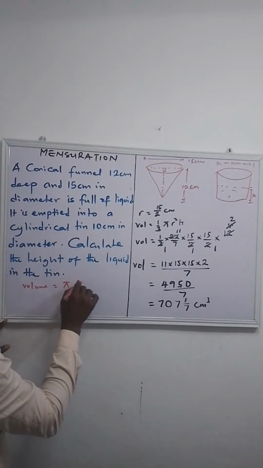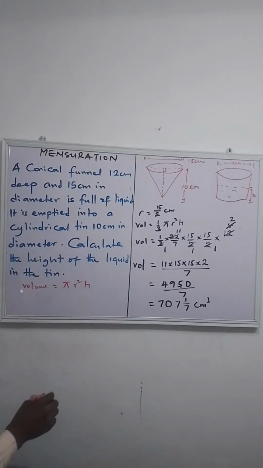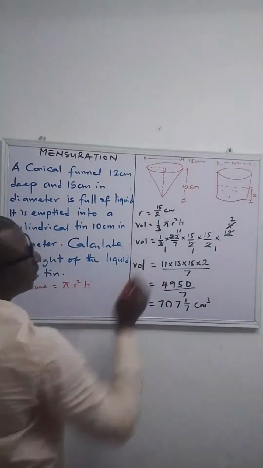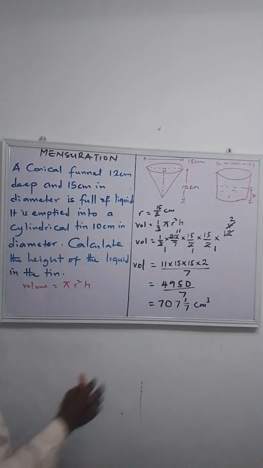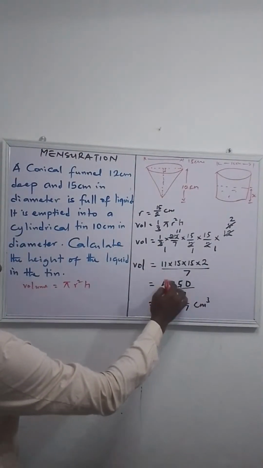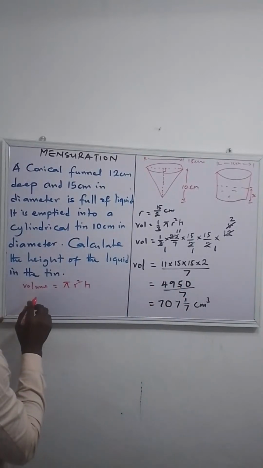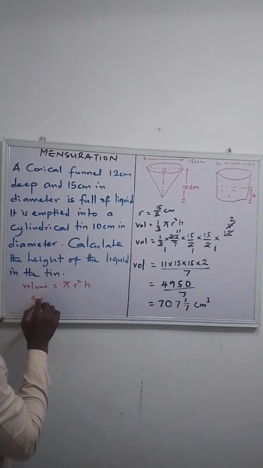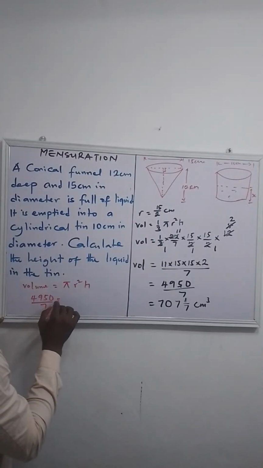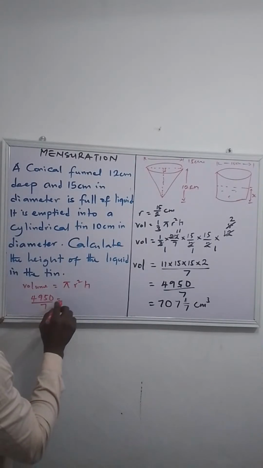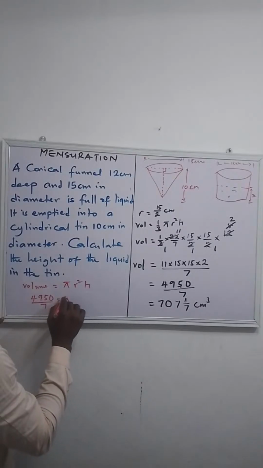Pi r squared h. So now we already know the volume of water inside this cylinder, to be this. Let's work with this. So we have 4,950 over 7 equals pi times r.